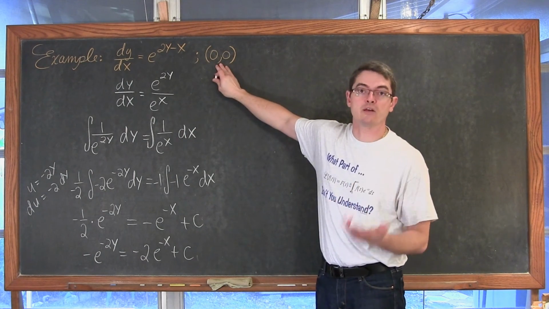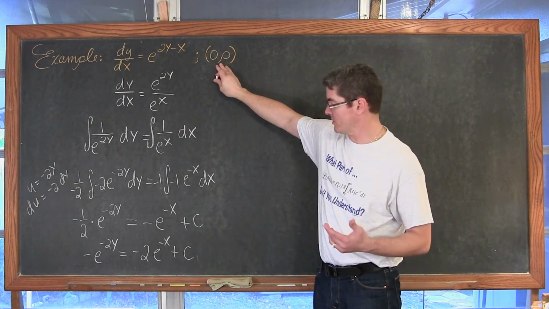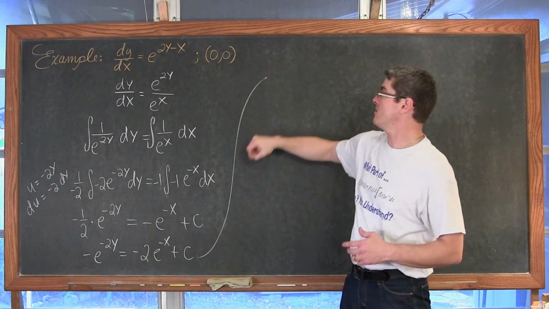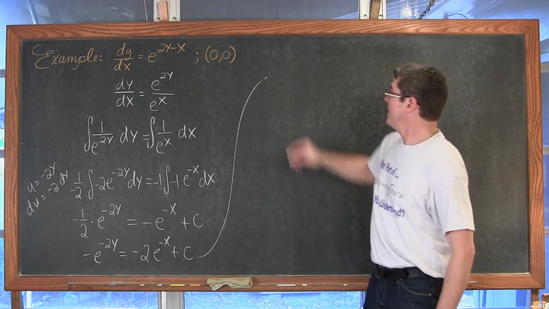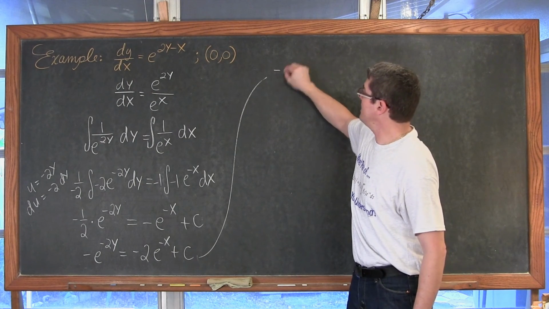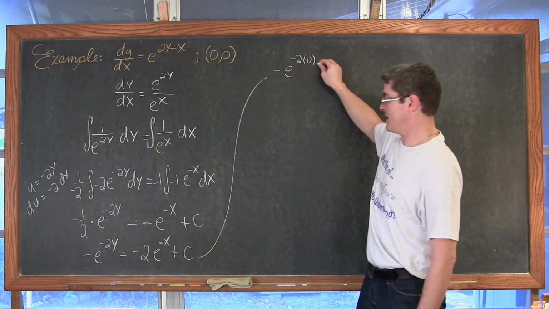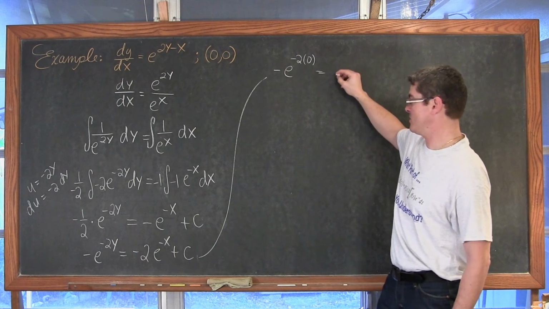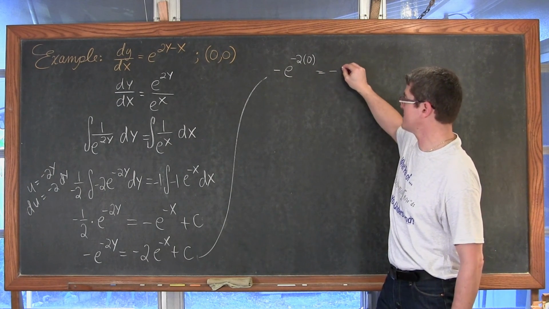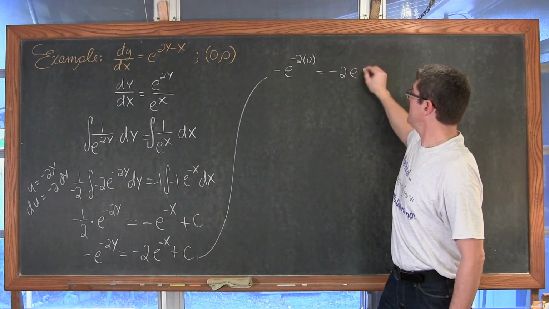But I gave us some extra information again to find the particular solution, so we're going to plug in those values of x and y and get negative e to the -2 times 0 power, equals -2 times e to the -0 power plus c. I kind of purposely made this work out so it wasn't going to be too terribly difficult.